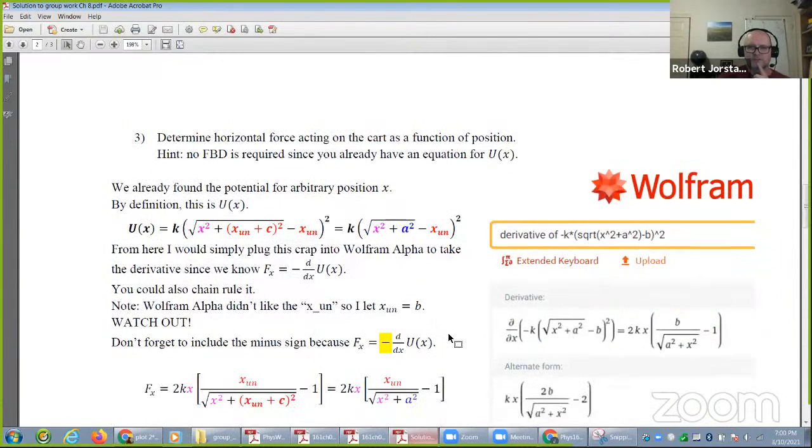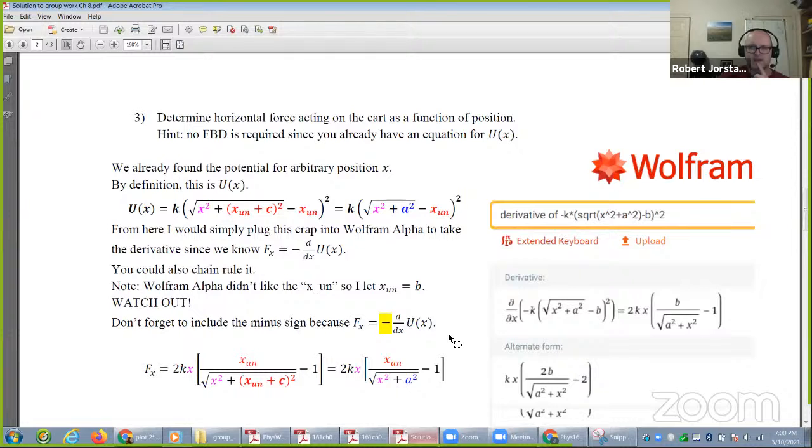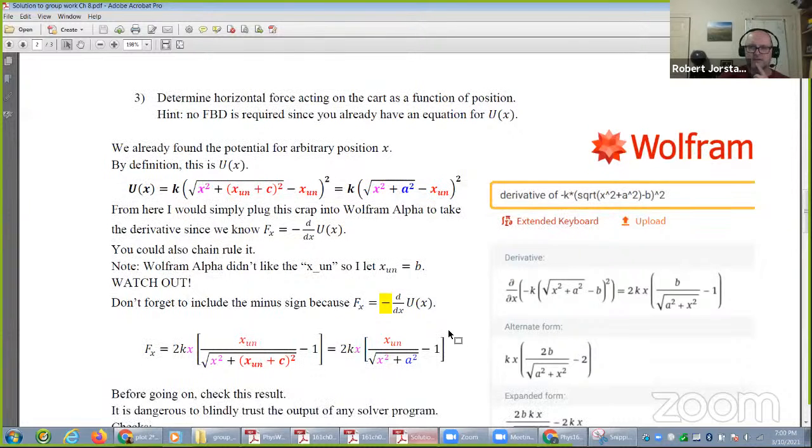Determine the horizontal force. That's how I did it. Now, notice instead of X un or whatever, I used the terms A and B over here. And so yeah, I just shoved it in there. I remembered the minus sign. There's a minus sign right there somewhere. I don't know if you could see that.